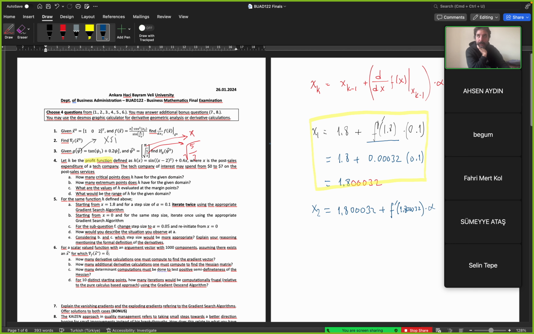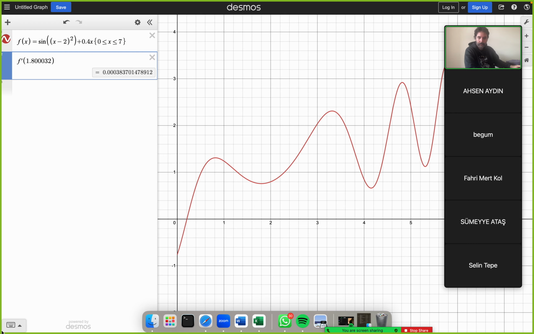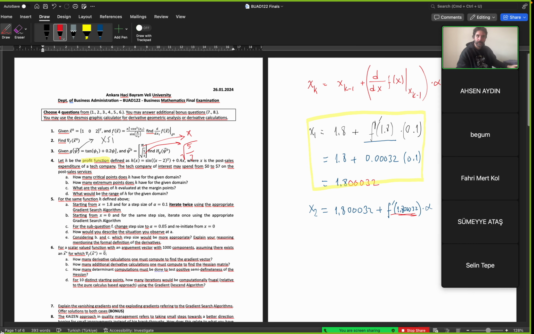And again, I don't know what this is. Let me plug in the value and find out using the Desmos graphing calculator. Let's get back to the question.